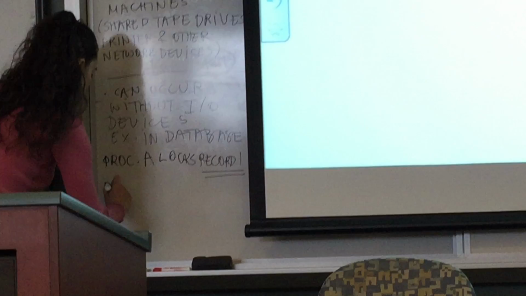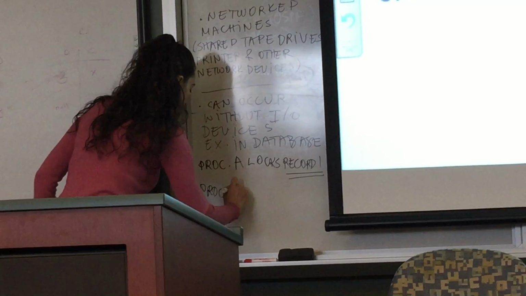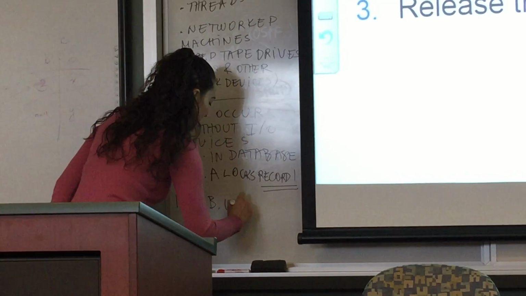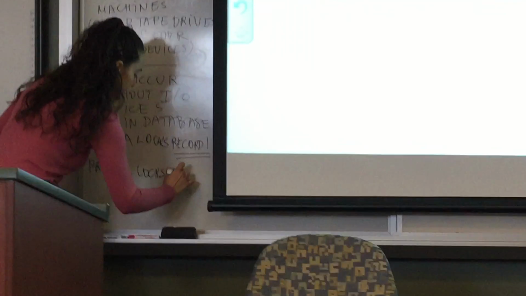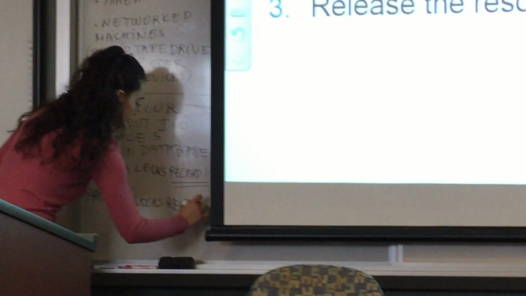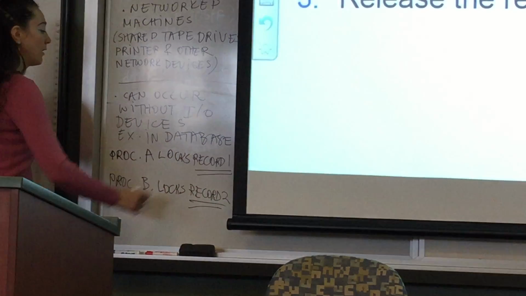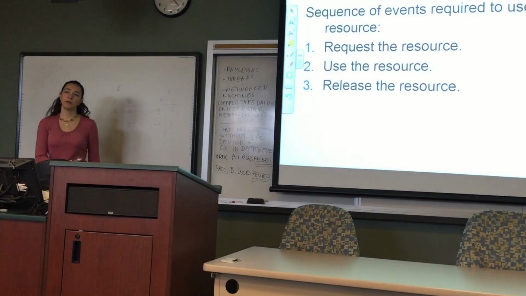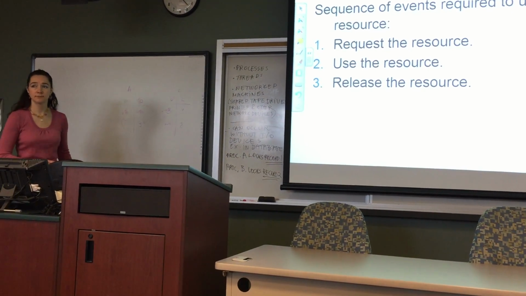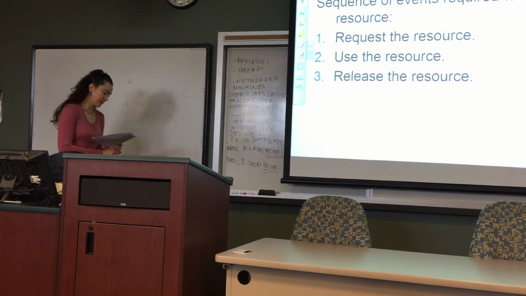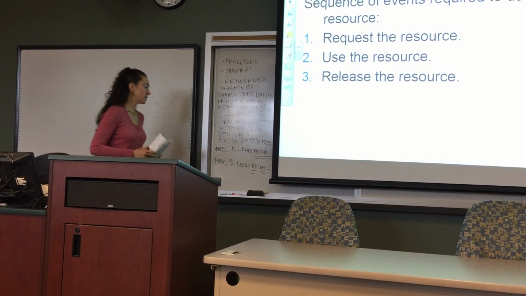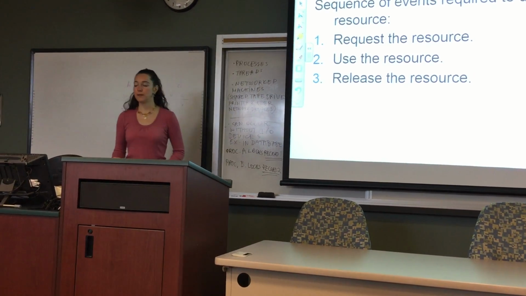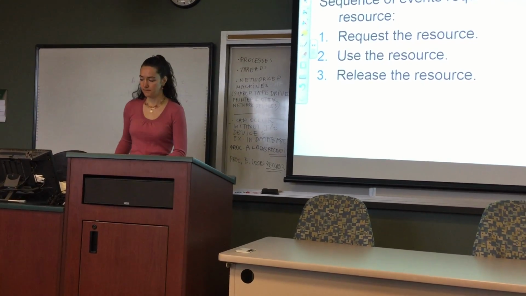And then process B is locked to the second record, but it also needs the first one. So again, both of them are waiting on each other. So this kind of situation can occur with database systems and other applications.